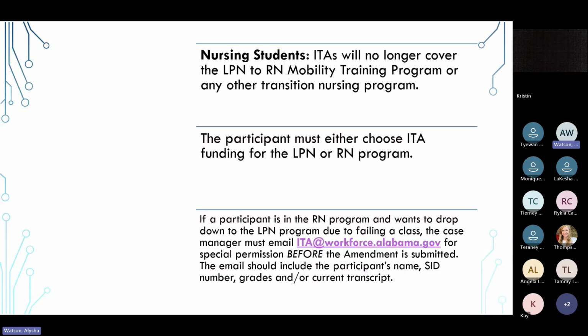There's a lot of other things that have to be taken into account. In that email, have the participant's name, state ID number, their grades, and current transcript. Once a determination is made, whoever is processing that ITA will email you back with a decision.